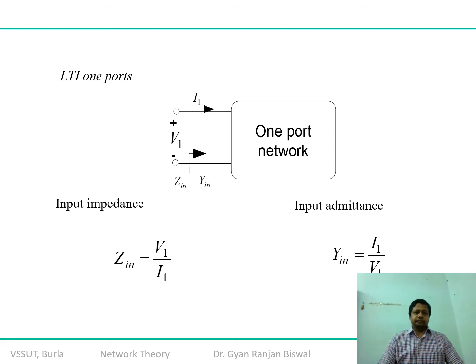In this demonstration, an LTI network is taken as an example. What do you mean by LTI? Linear time invariant. That means it is a network whose response is always linear, in other words predictable, because injection of non-linearity reduces the chances of predictability. The higher the non-linearity, the lesser the predictability, or proportionally the higher the dynamics.